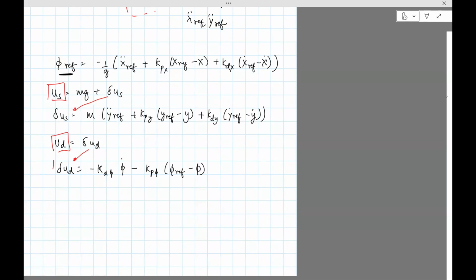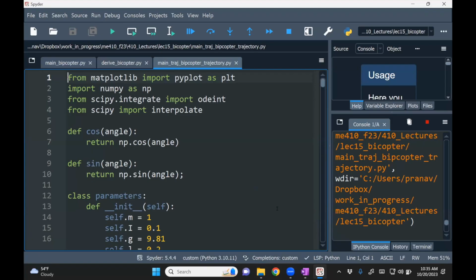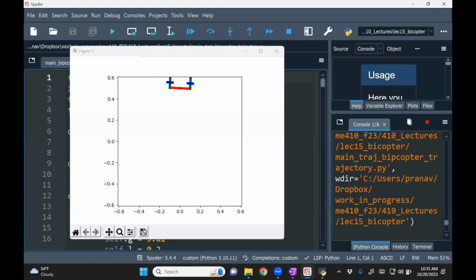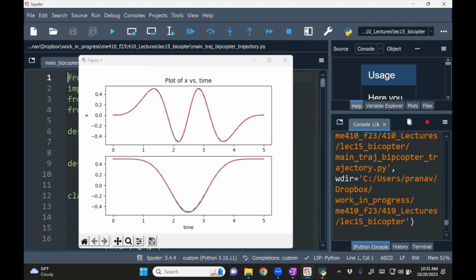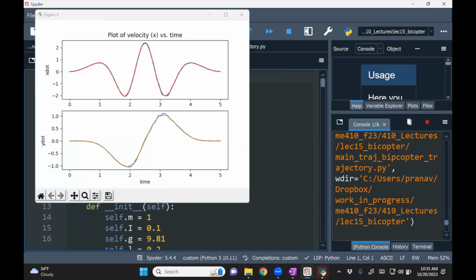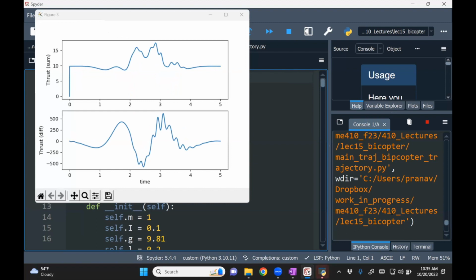Okay, so let's see what this controller does in tracking. Yeah, so you can see that it's wobbling around, but it has to change its orientation, because unless it changes orientation, it cannot go to the right or left. And that is something you do not have to tune intuitively.